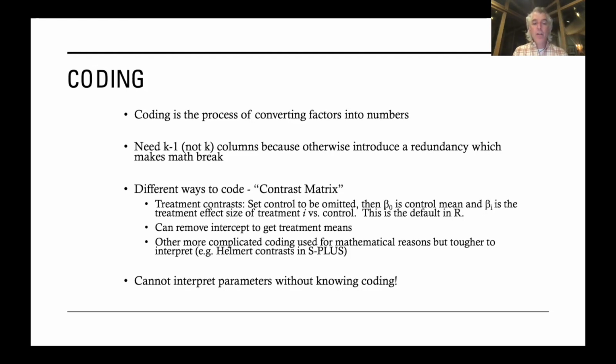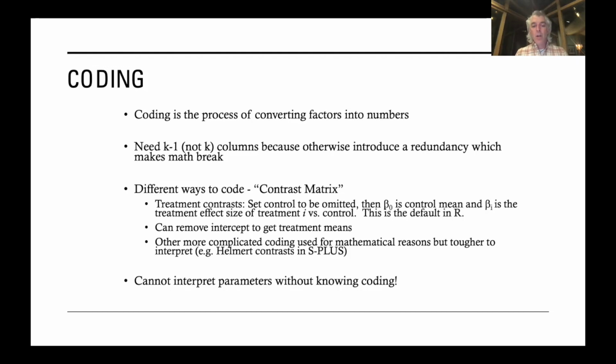And each of the other parameters then represent the effect of being in some other category relative to being in the control category or the first level in our categorical predictor. And this is the default contrast matrix that R uses. But there are other contrast matrices that you can use. You can use something called a treatment means contrast, which removes the intercept, or something called the Helmert contrast, which is the default in S+.